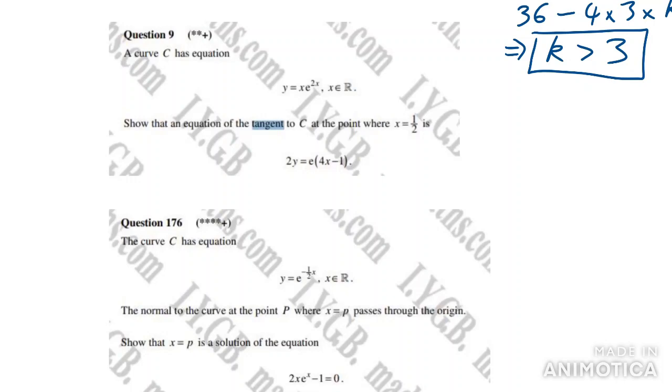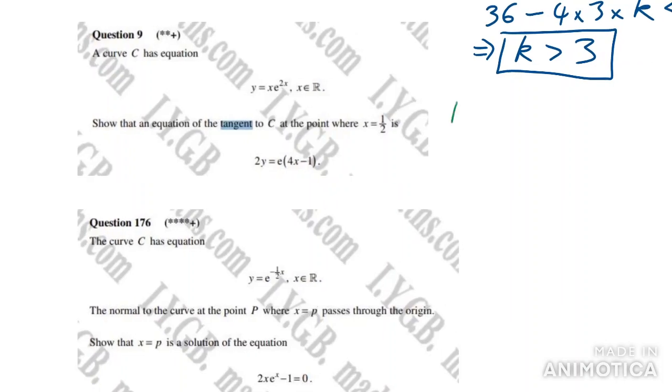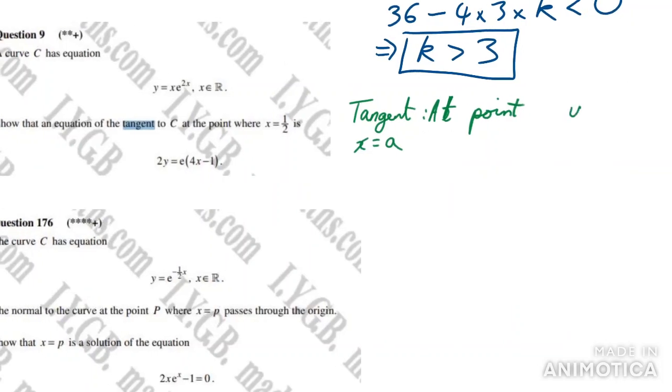The reason they're so easy is because whenever you see the word tangent, what you should think is, okay, it says tangent. What does that tell us? It says at point x equals a, we know that the tangent is a straight line, so it's got equation y equals mx plus c.